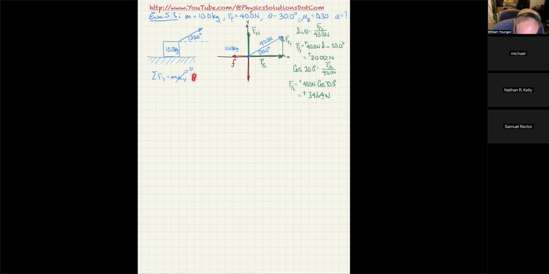So now that we have that, we can now say the summation of forces in the y direction is equal to 0, and those forces are the normal force, which is positive, so I wrote that as positive Fn. And remember, the left-hand side is adding forces, but when the component is negative, you'd say plus or minus.